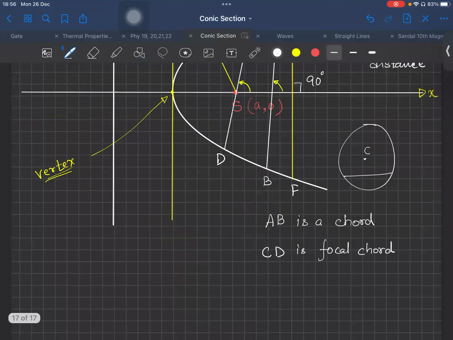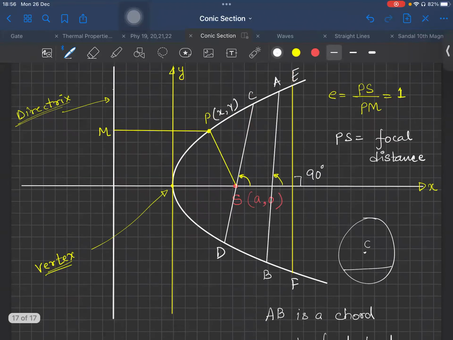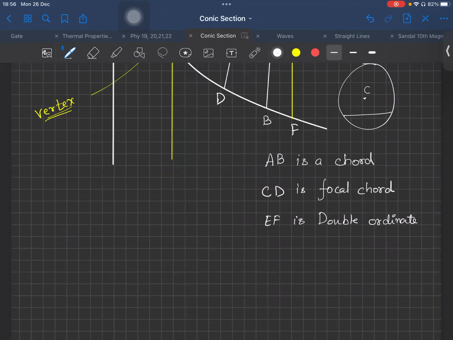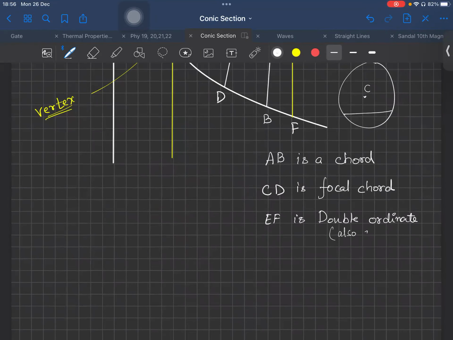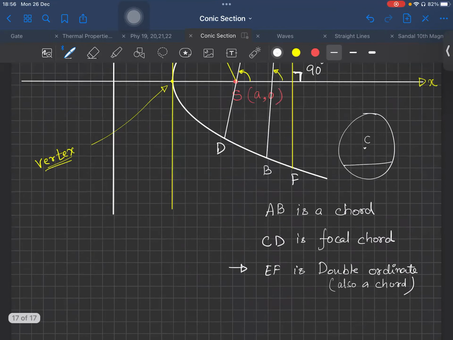So EF will be called a double ordinate. Why double ordinate? Because it makes a 90 degree angle. EF is also a chord. Of course it is a chord, but it is called a double ordinate because it makes 90 degrees.